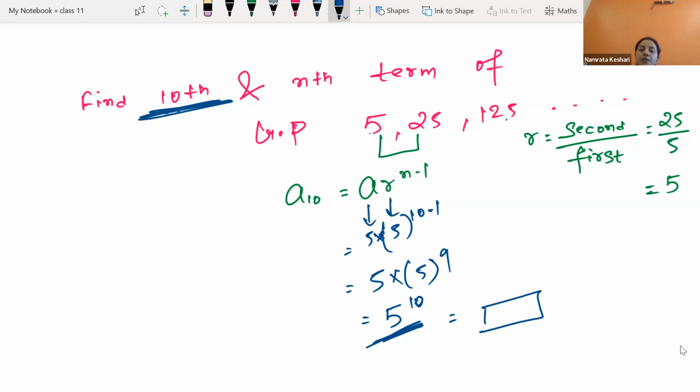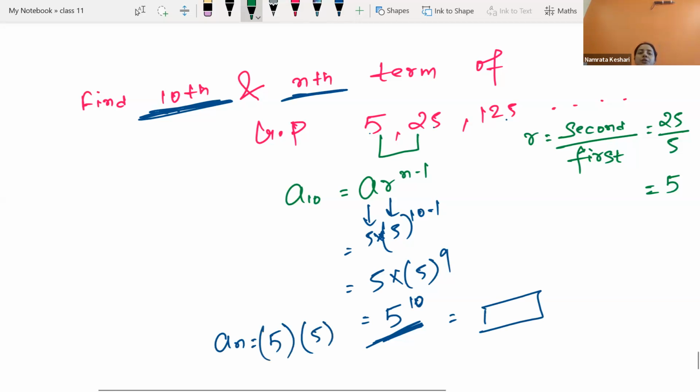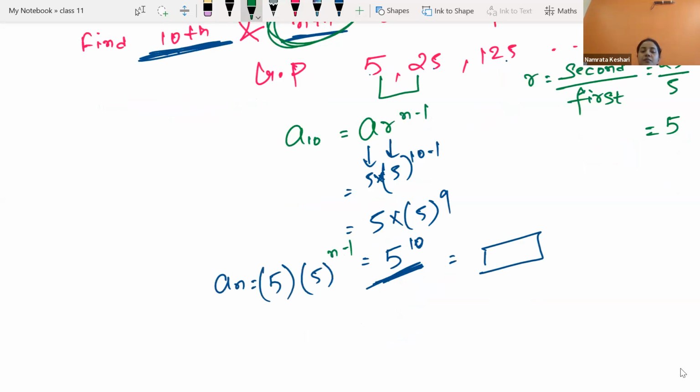Now we also have to find the nth term. Our first term is 5, our common ratio is 5, and n is unknown, that term only we need to find, so n minus 1. Now we will simplify it a bit. The law of exponents says that a to the power m into a to the power n is equal to a to the power m plus n.